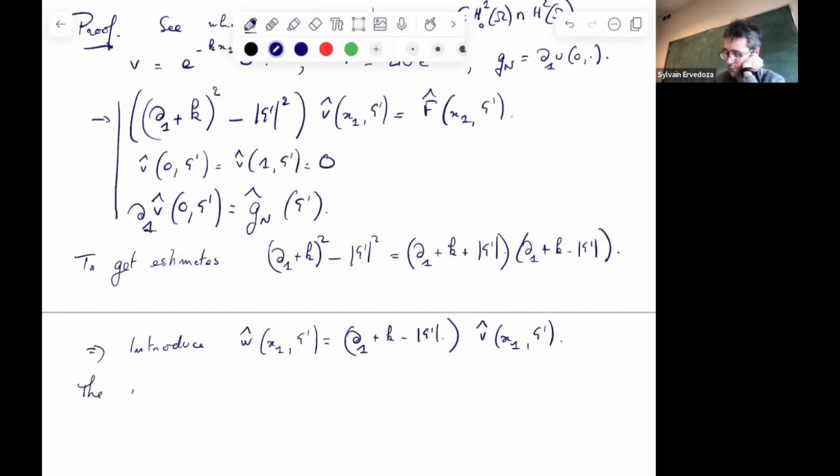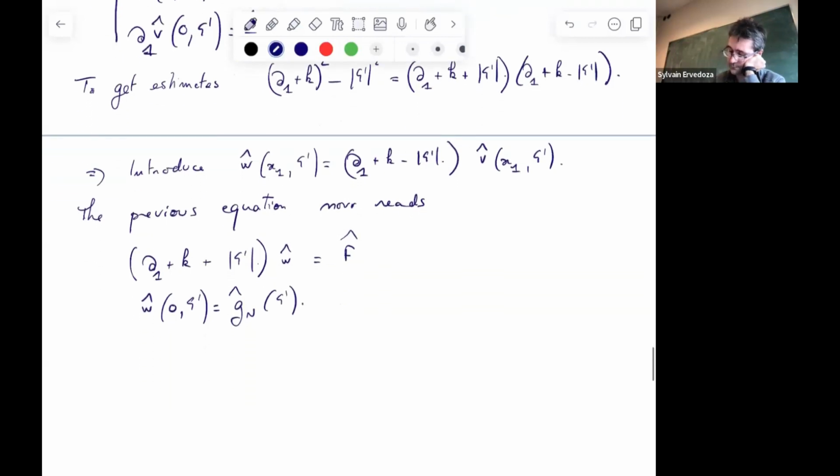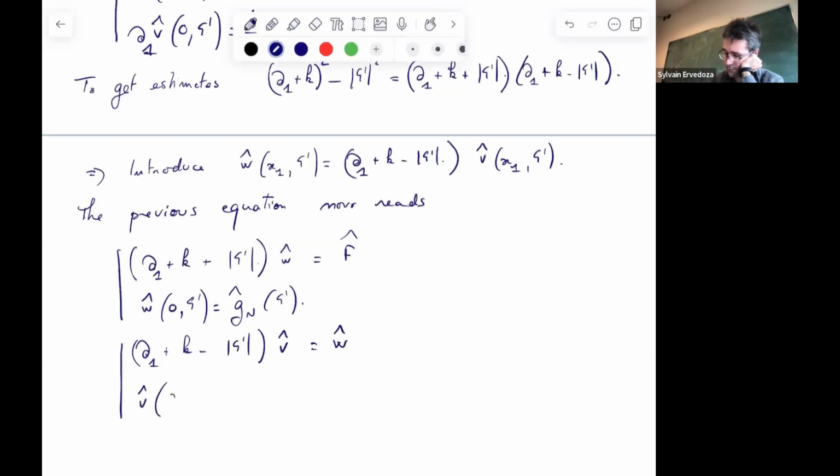And the system, the previous equations, now with d1 plus k plus psi prime of w hat equals f hat, w hat of 0 psi prime equal to g_n hat of psi prime, and d1 plus k minus psi prime of v hat equals w hat, and v hat of 0 psi prime equal to v hat of 1 psi prime equal to 0.